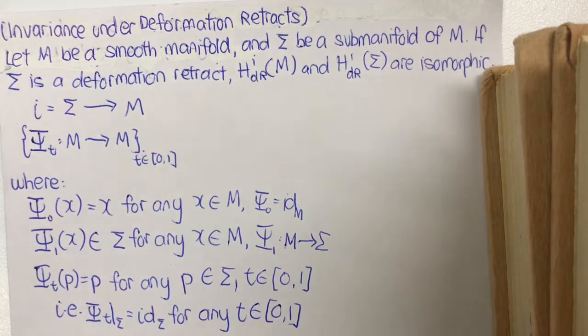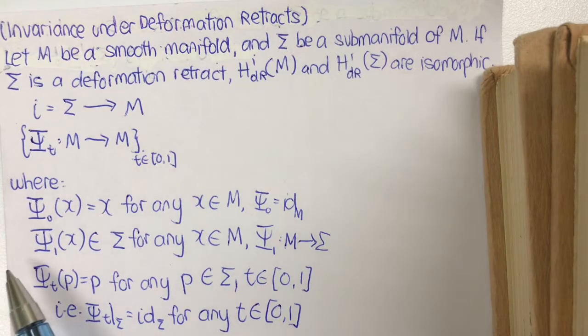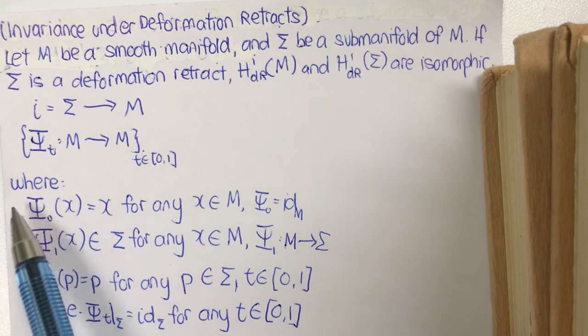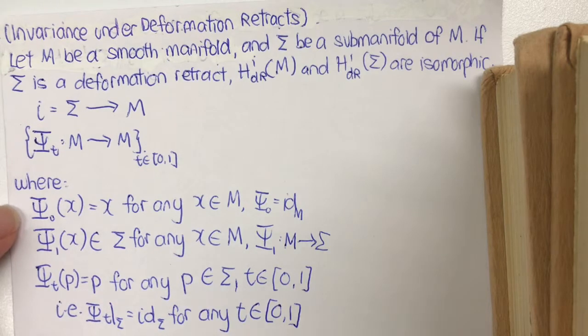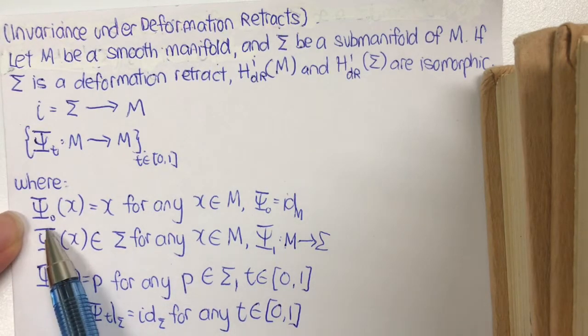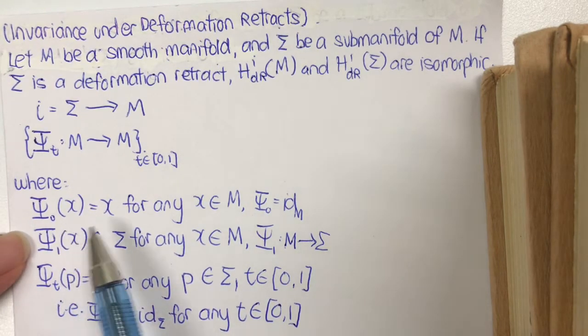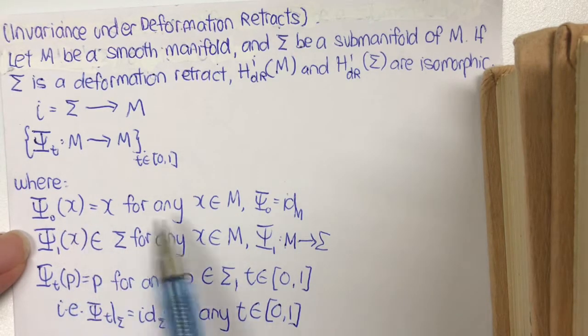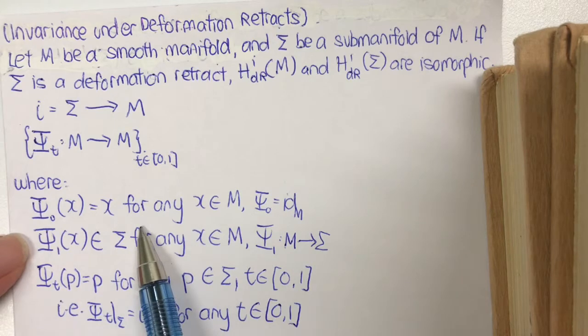So to define sigma to be a deformation retract of M, the psi has to satisfy the following three conditions. When t equals 0, it must be an identity map, mapping x for any x of M to x itself.